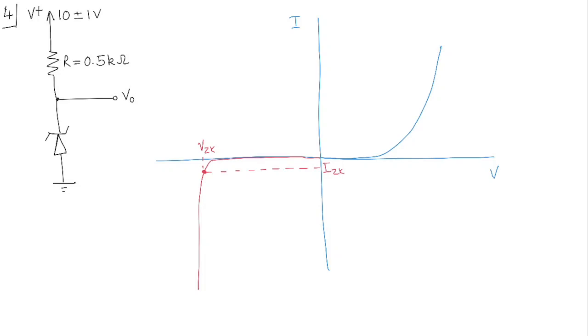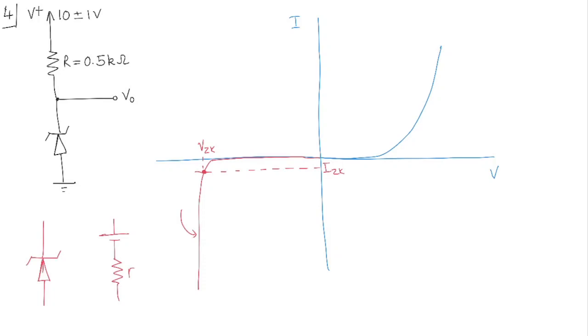Okay, so that's one thing. And another thing to remember is look at the slope here for the Zener diode. It looks like a resistor as far as in the breakdown it's concerned. It's almost like a straight line, right? And so you can replace the Zener diode in reverse bias with this kind of a model. So let me draw a Zener diode here. And you can replace this with a voltage and a resistance.